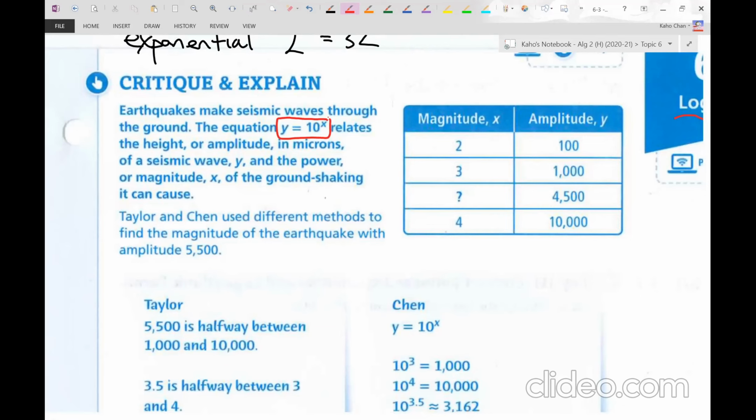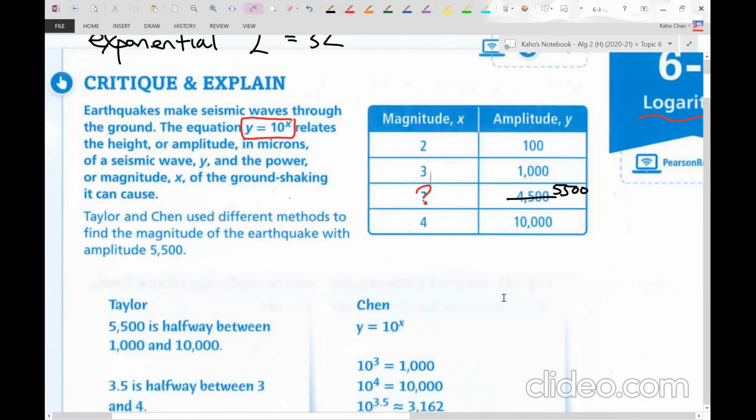So if you look at this table right here, where they filled out most of it except for the third row. Now there's a typo here. That should be 5,500. The question mark is basically asking what magnitude or power in the exponent function will give me 5,500 whenever we bring 10 to that power, okay?